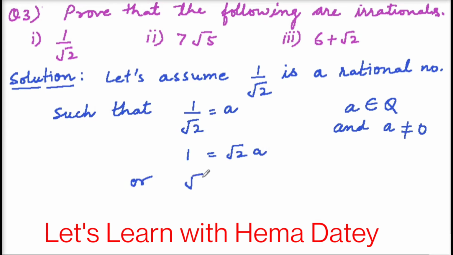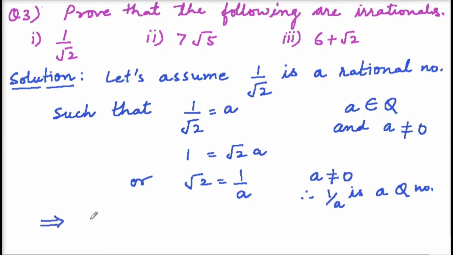It can also be written as root 2 equals 1 by A. Since A is not equal to 0, therefore 1 by A is a rational number. It implies that root 2 is a rational number.